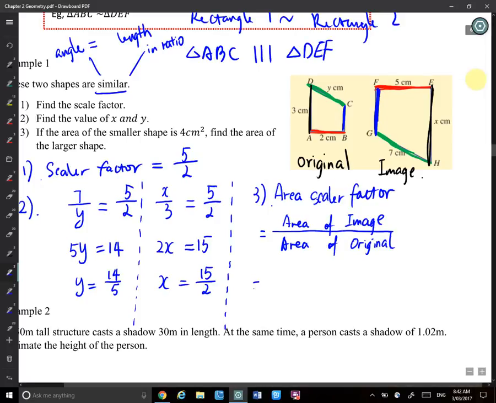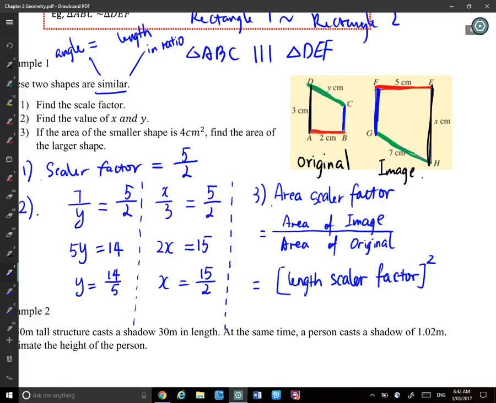So what should that be? That should be the length scalar factor squared.